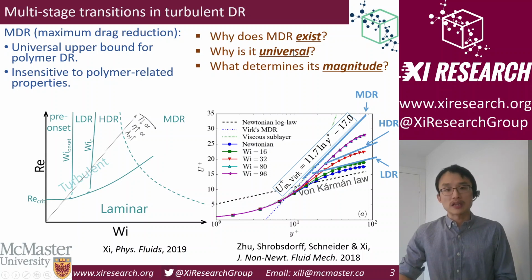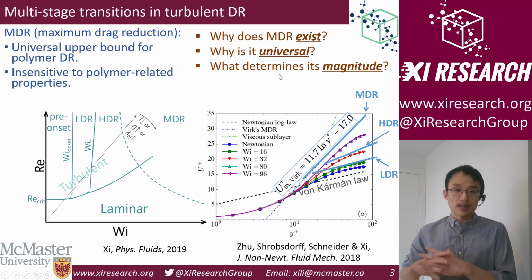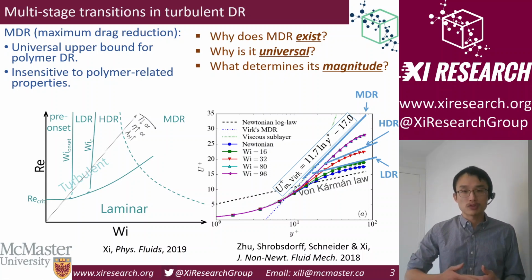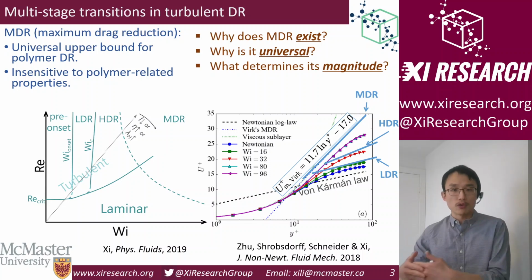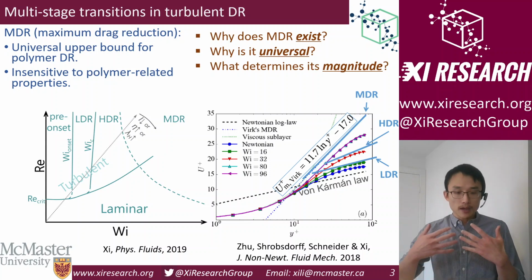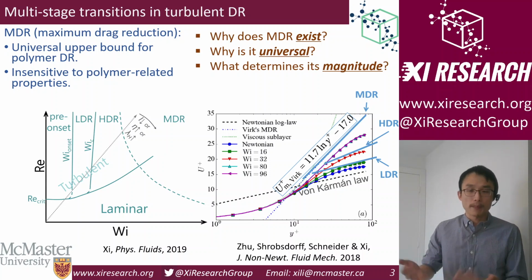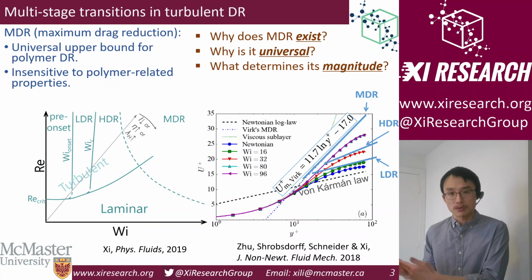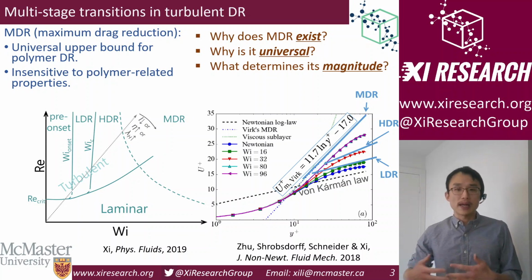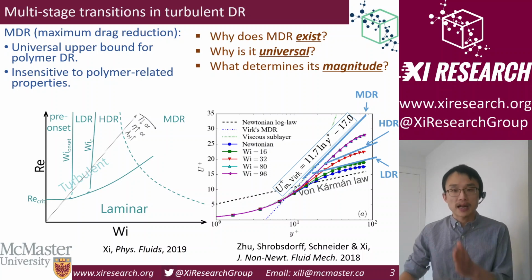The second question is equally interesting: the MDR limit is insensitive to polymer properties. That means that if you change the polymer solution, you change the concentration, or you use a different type of polymer, even though the rate at which you converge to the MDR will be different depending on what polymer solution you are using, eventually all different polymer solutions, if they hit the maximum drag reduction, hit the exact same limit.